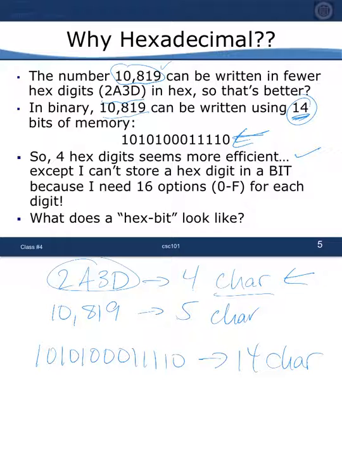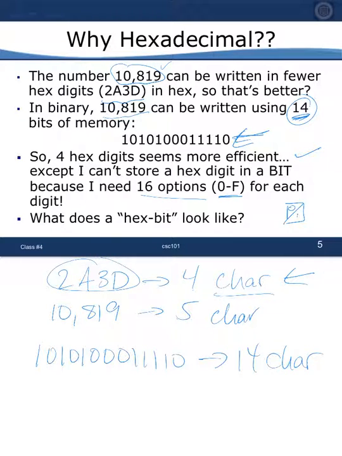However, the fly in the ointment is: how do I store a hex digit? Well, a hex digit is something between 0 and F, right? That's my alphabet, so to speak, for hex numbers, 0 through F, which means I need 16 options. Remember our old picture of a bit.